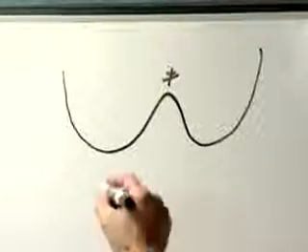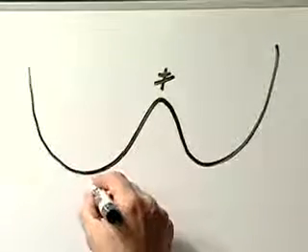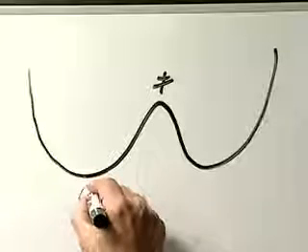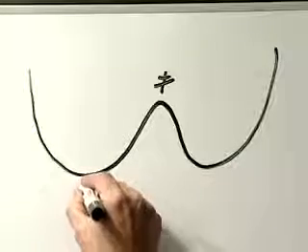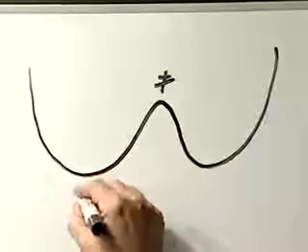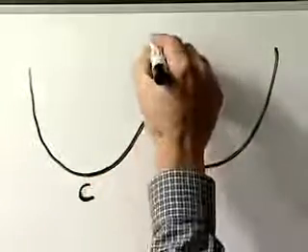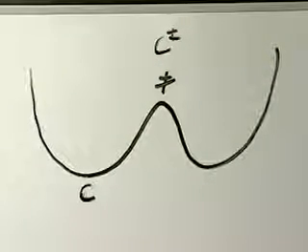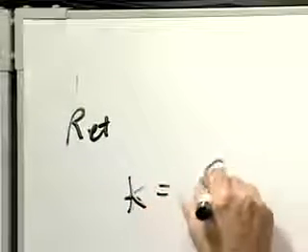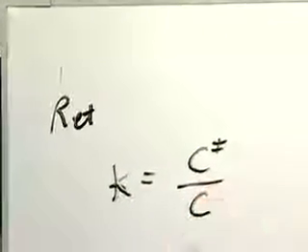If this is C, the concentration of my reactant, and this will be C star, I'm going to say there's an equilibrium constant that equals C dagger over C.